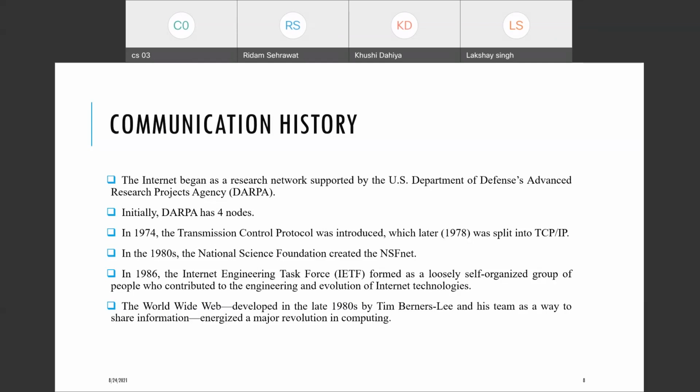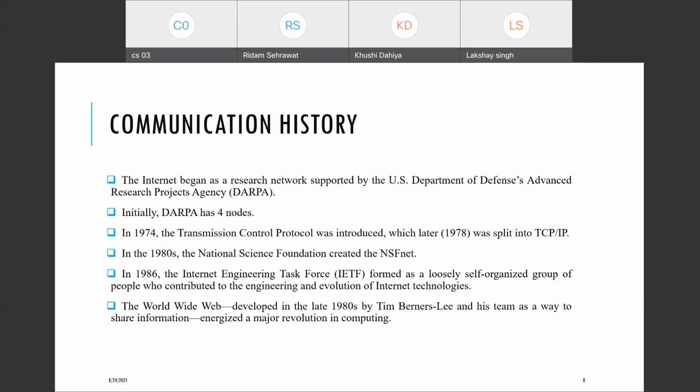Next, in 1986, we have the Internet Engineering Task Force, known as IETF. They formed a loosely self-organized group where a number of people collaborate to work on internet technology.